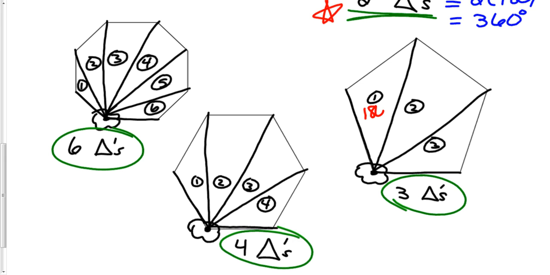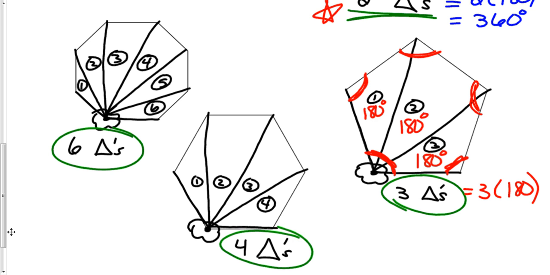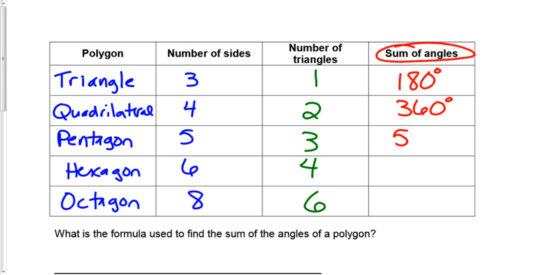The first triangle is going to be 180, the second triangle is going to be 180, and the third triangle is going to be 180, and that will give me all of these angles added up have to be 3 180s. And 3 180s is 540 degrees. So we can put that in our table. 540. Anytime I have any kind of pentagon, all the angles inside the pentagon will add up to 540.